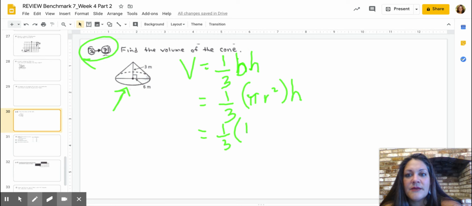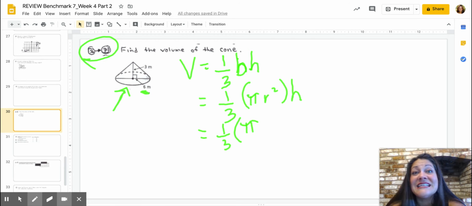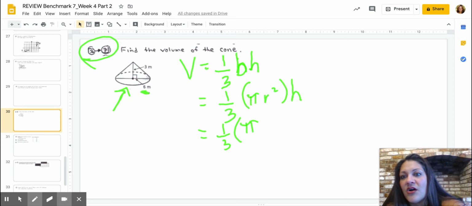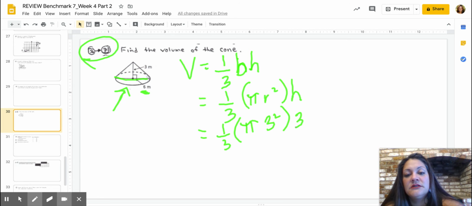1/3 pi. Right here, you'll see that it is pointing to the diameter. Diameter is all the way across. Radius is half that, so that means our radius is 3 times a height of 3. So, this is nice.